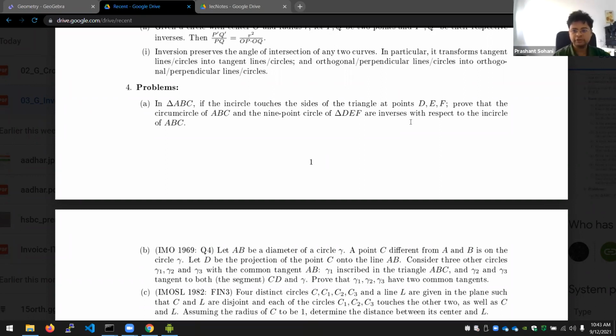So you don't need to use anything difficult for this problem. Just the definition of inversion is enough.